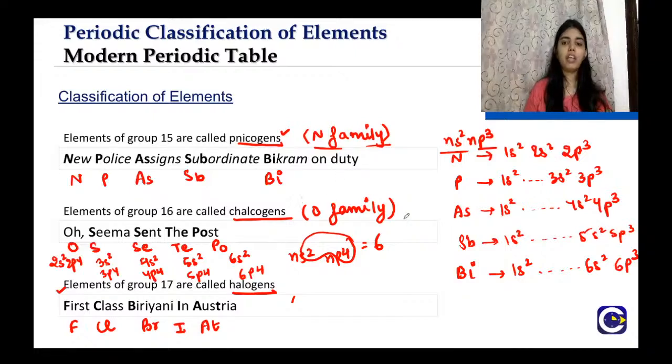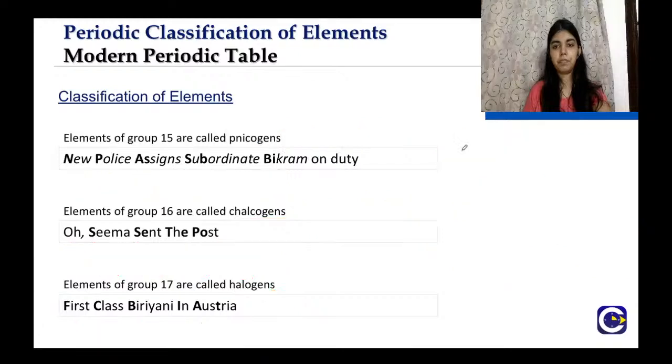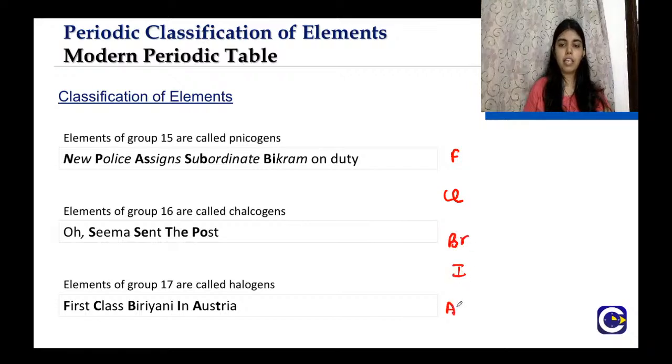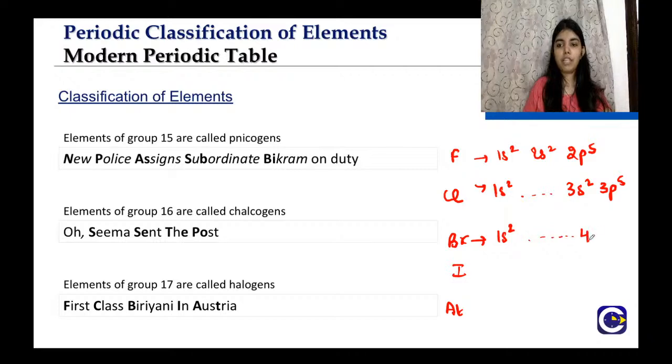If you write down the electronic configuration, for fluorine it is 1s2, 2s2, 2p5. Chlorine will be from 1s2 to 3s2, 3p5. Bromine will be from 1s2 to 4s2, 4p5.